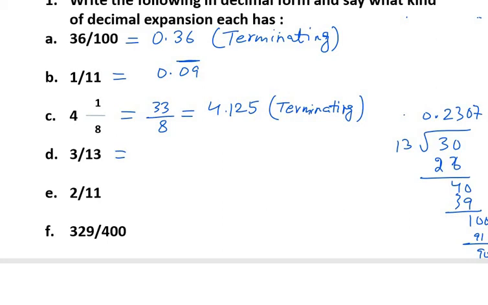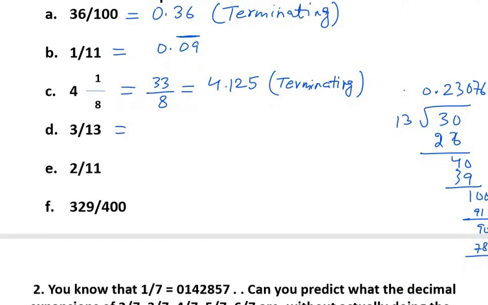So it is 90, and it is again divisible with 6. So 13 into 6, that is 78. So 90 take away 78 is 12. And 0 again. So 13 into 9 will be the number here, that is 117, and the leftover is 3 here.